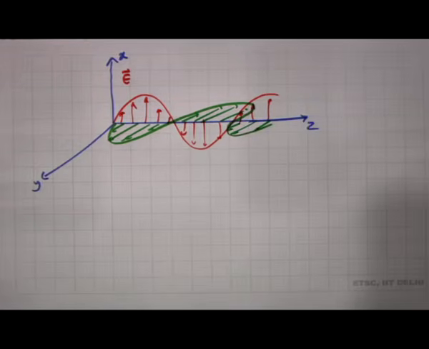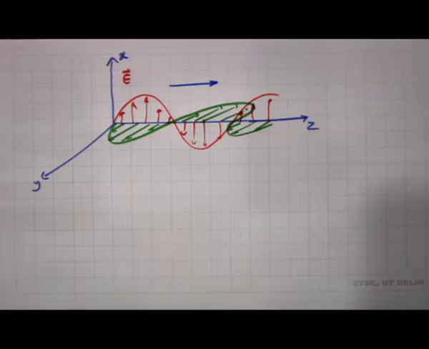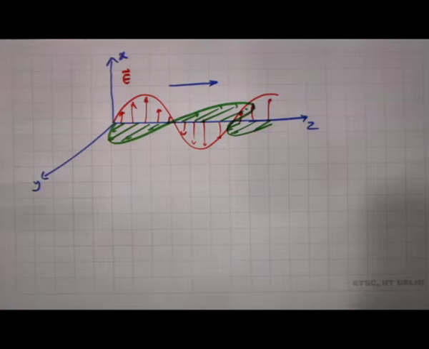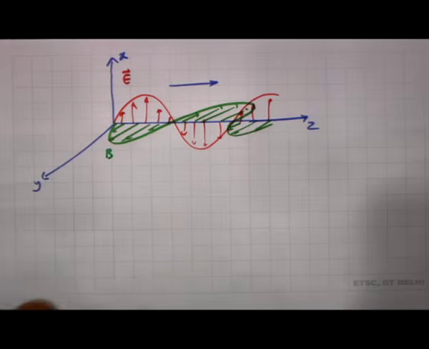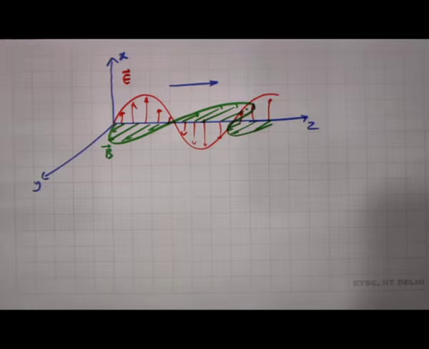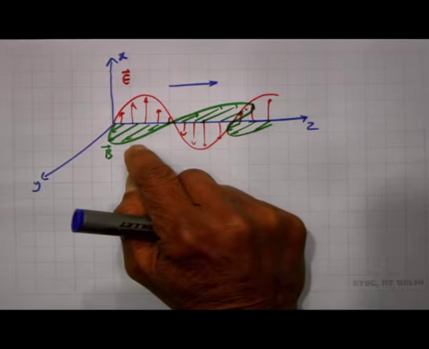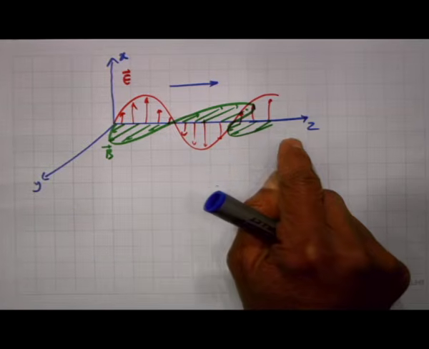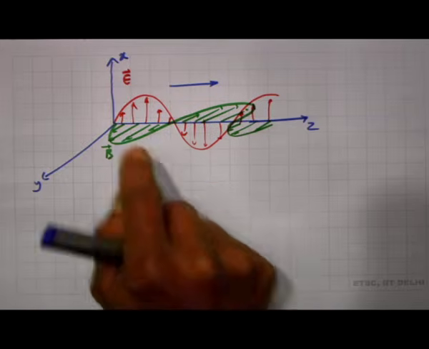As the figure shows, when the wave is propagating in the plus z direction, the electric field and the magnetic field are perpendicular to the propagation direction. This is the magnetic field here. The electric and magnetic fields are perpendicular to each other, and both are perpendicular to the propagation direction of the electromagnetic wave, and also they are in phase.